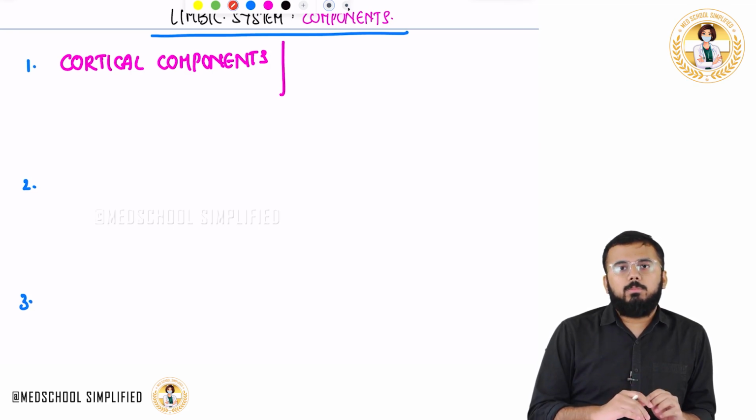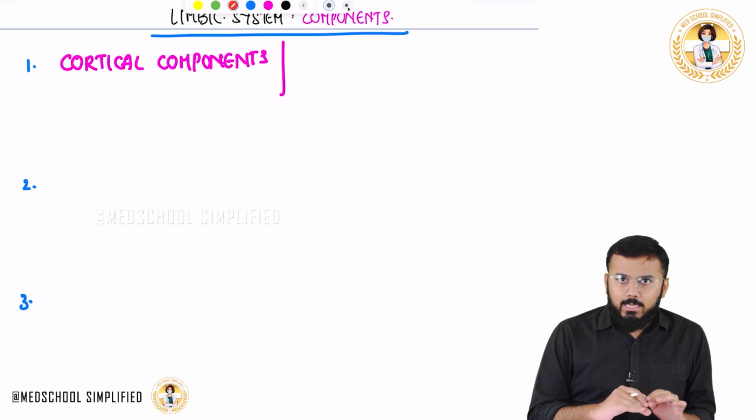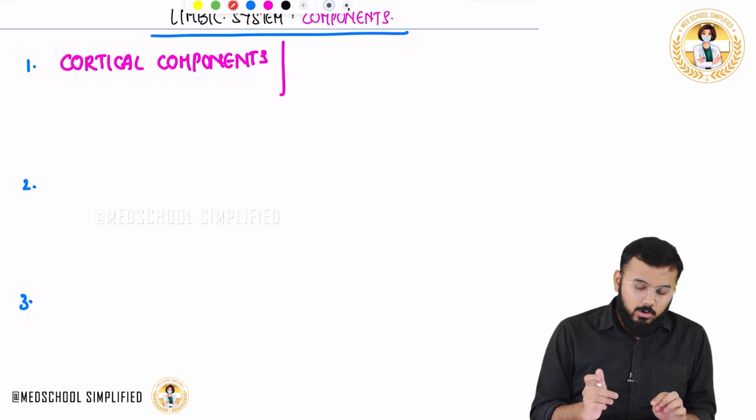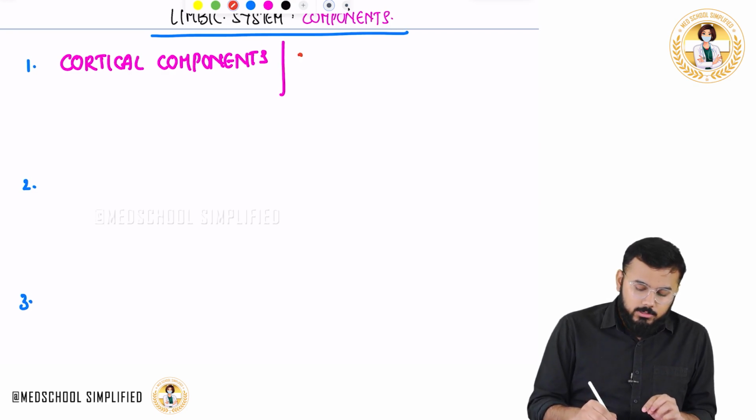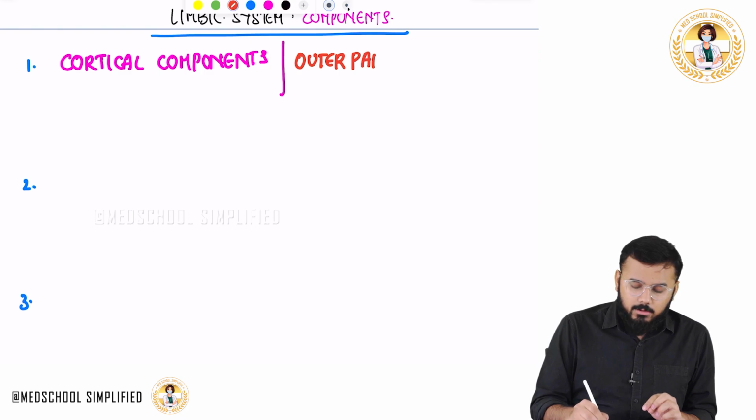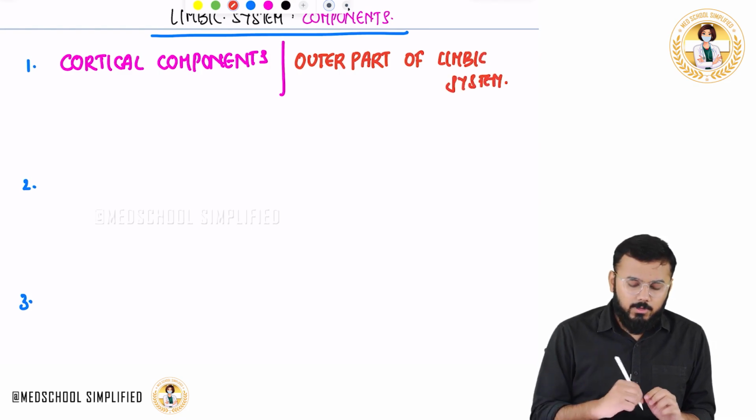The outer parts of the limbic system are called the cortical parts, and parts located deep to the outer part are called the subcortical part. So cortical components are also called the outer part of the limbic system.